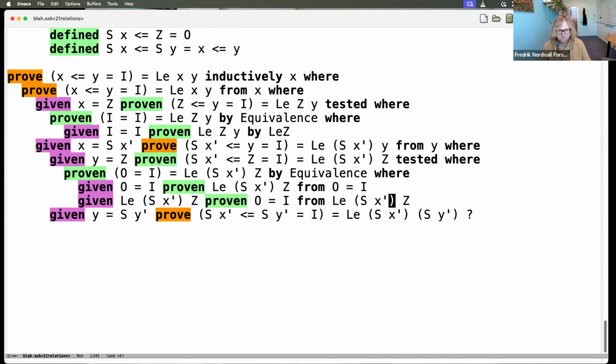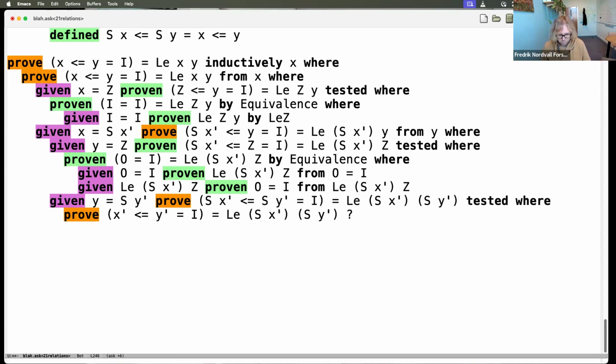So next up, what happens? I'm going to say test again, because I think I'm going to get some computation. And oh, look, I've got something I quite like the look of.